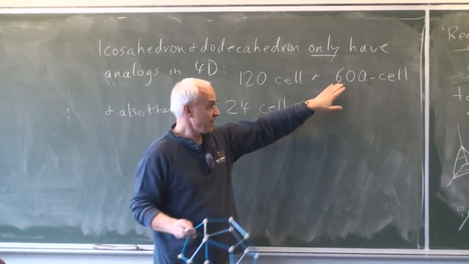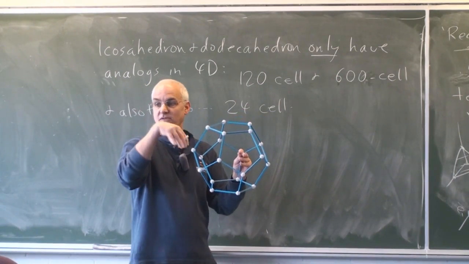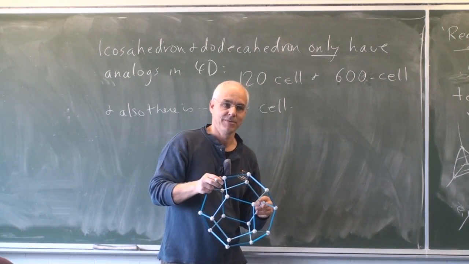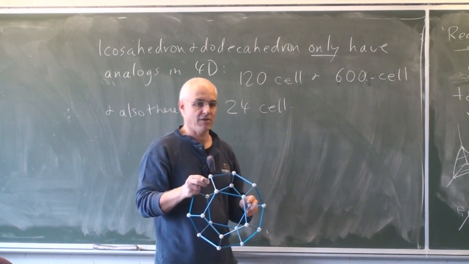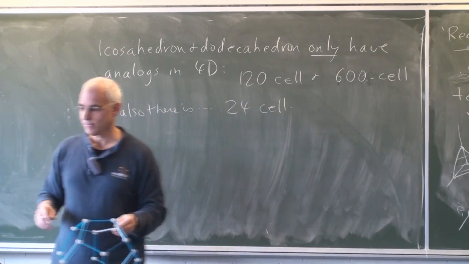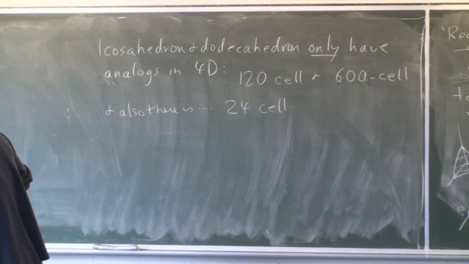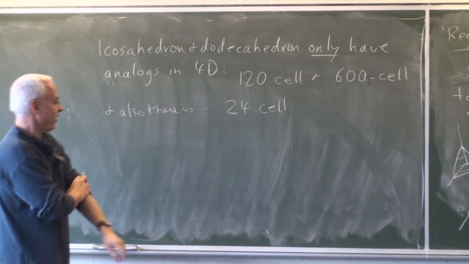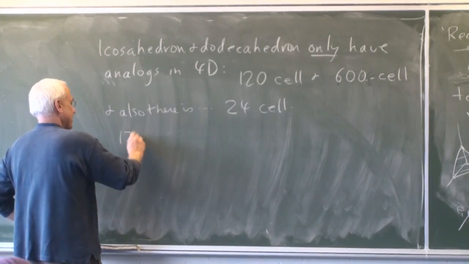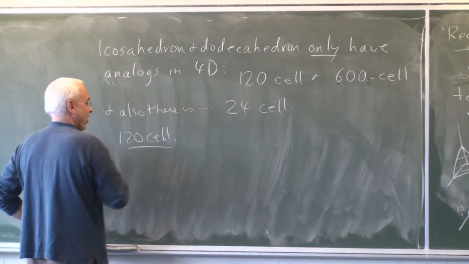And the 600 cell, this 120 cell has 600 vertices, and its dual object is the 600 cell, made out of tetrahedrons. Does Euler's formula work in four dimensions? Well, a generalization of Euler's formula works in four dimensions. For the 120 cell, I probably can't remember what the numbers are, but it's like this.